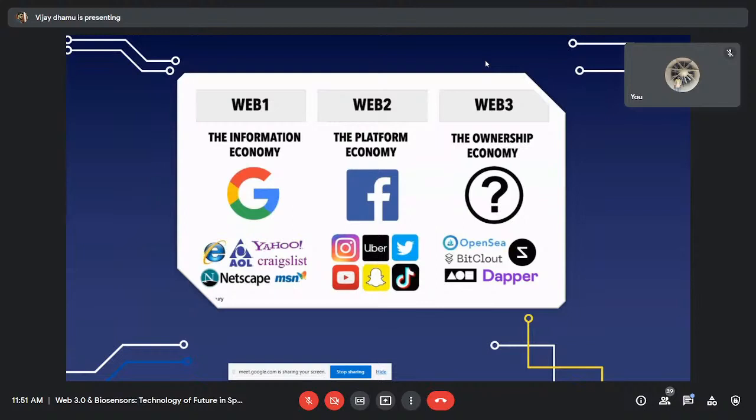So what happened was all the important players in the web had a discussion, like we should do something and make the web owned by everyone, not by a few entities, not by a few companies.